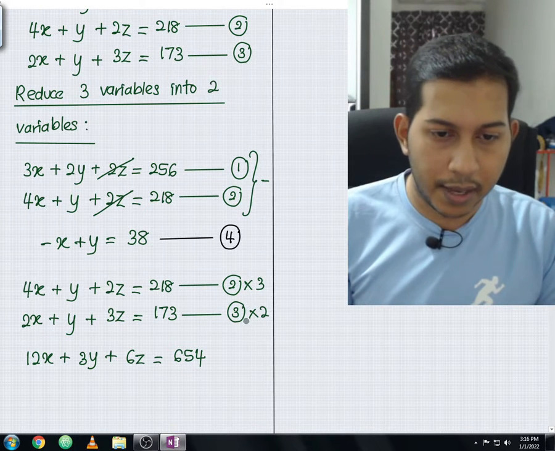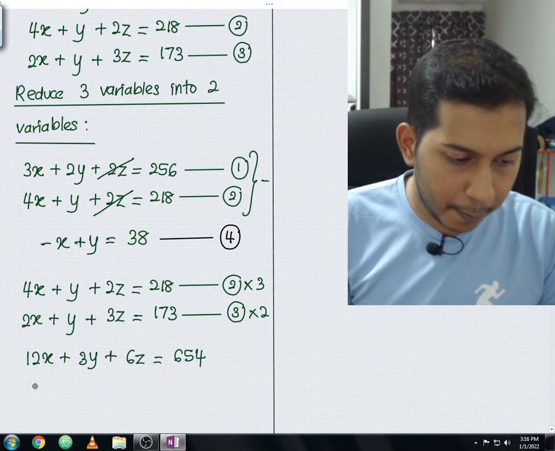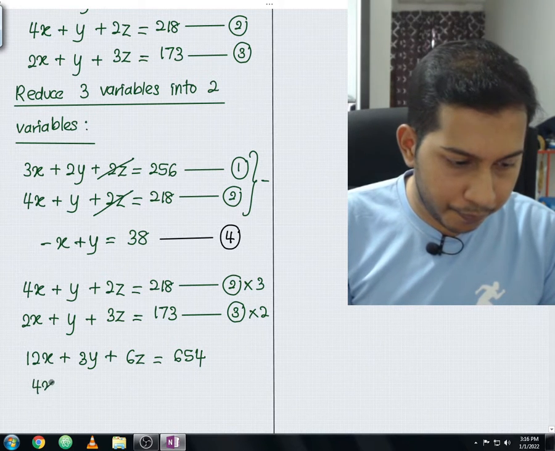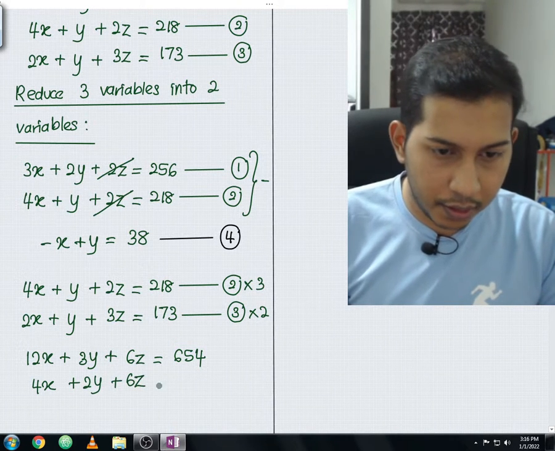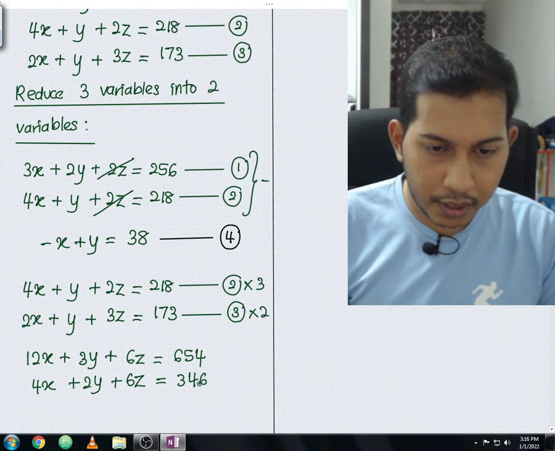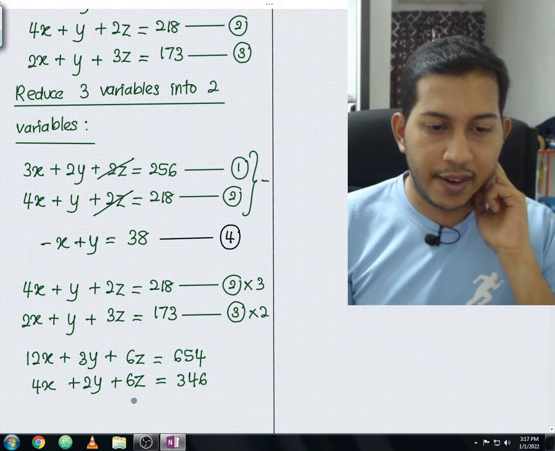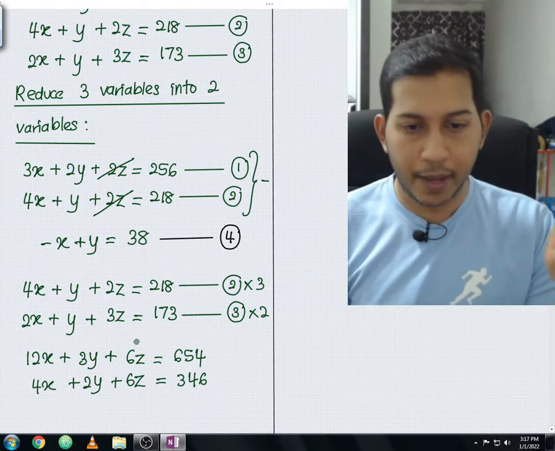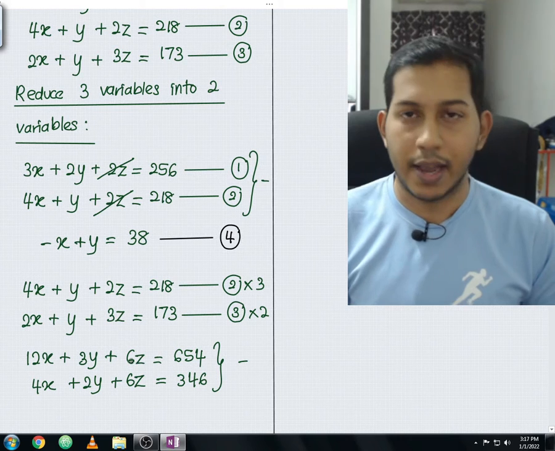And then followed by the next equation, in this case is 4x plus with 2y plus with 6z, equals to 346. So now you see the z variables are the same, so we can straight away minus them. So you minus these 2 equations, so the z will get cancelled off.